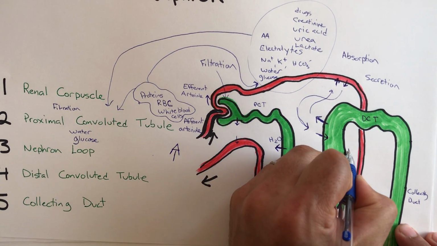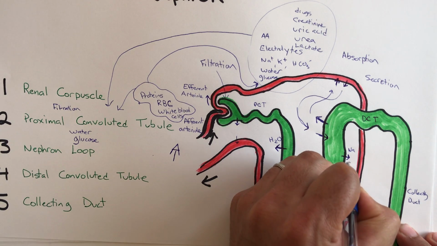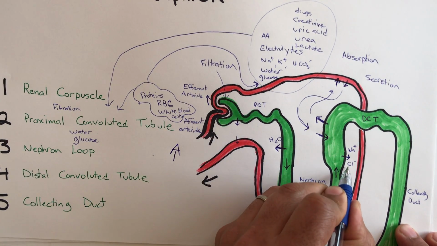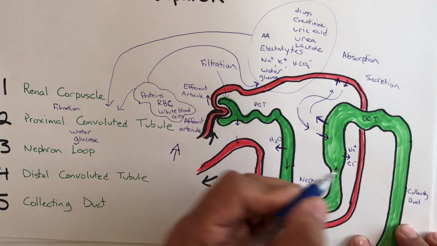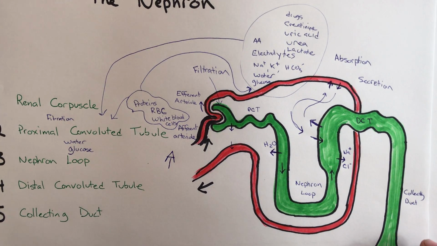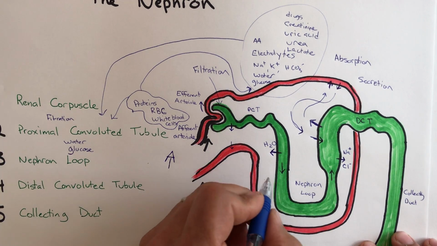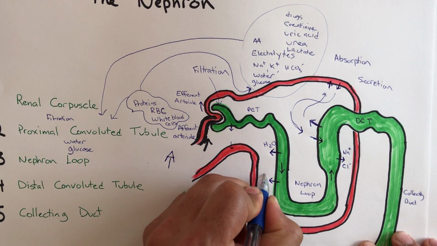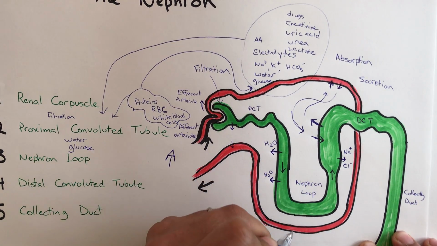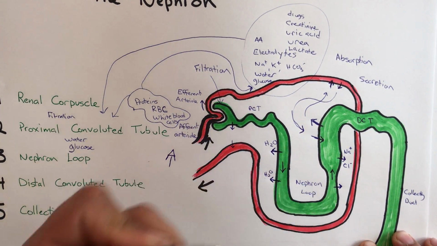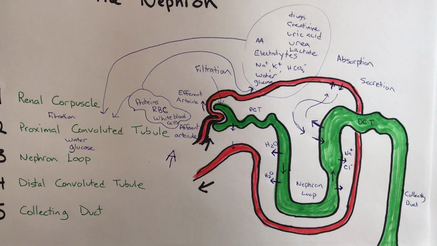Sodium and chloride is absorbed in the ascending limb. That's it. There might be a couple other things, but these are the two main things. Water is absorbed in the descending limb, and sodium and chloride is reabsorbed in the ascending limb.